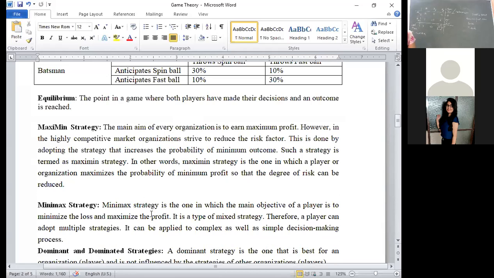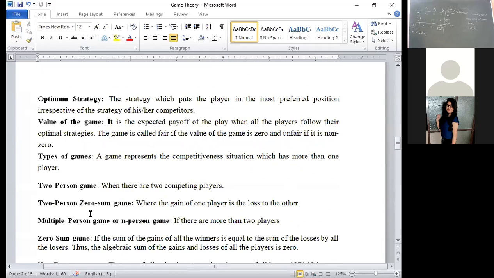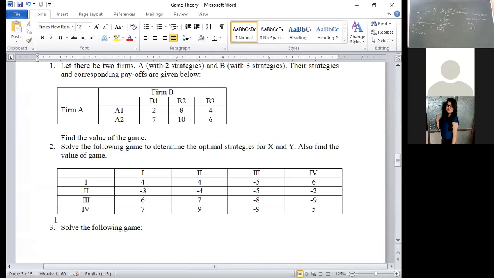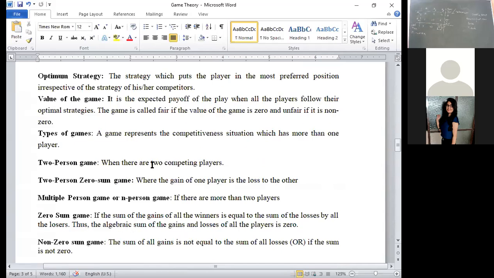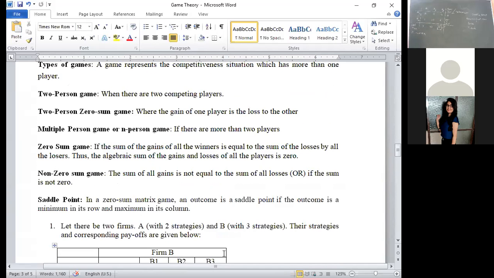If you go through minimax strategy, the main objective is to minimize the losses and maximize the profit. This is called a saddle point. An outcome is a saddle point if row minima is equal to column maxima. Then a saddle point exists for the game.